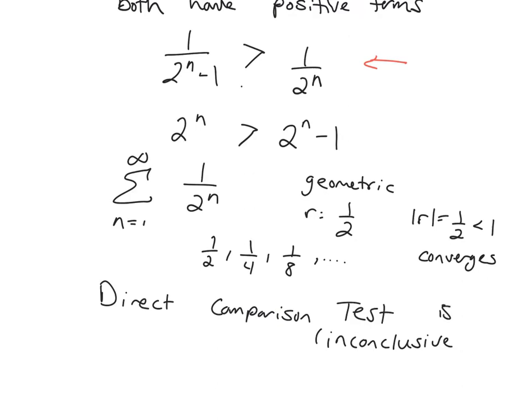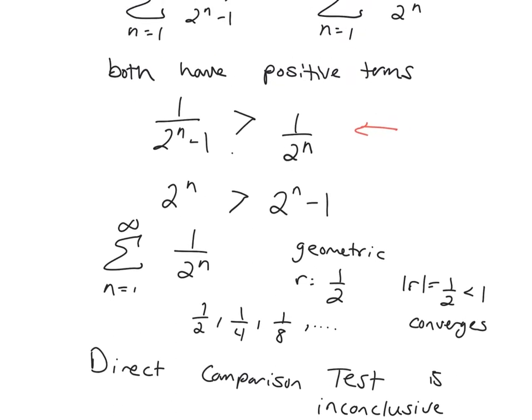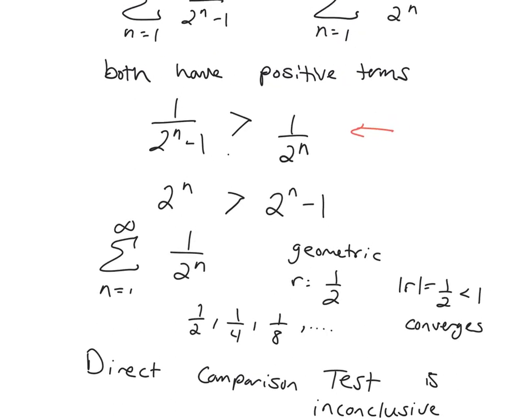Can you repeat that part one more time? Okay. We've just said that this series 1 over 2 to the n converges, right? So we go back up to the way our inequality pointed. This 1 over 2 to the n was smaller, right? The smaller thing converging doesn't tell me that the bigger thing converges.